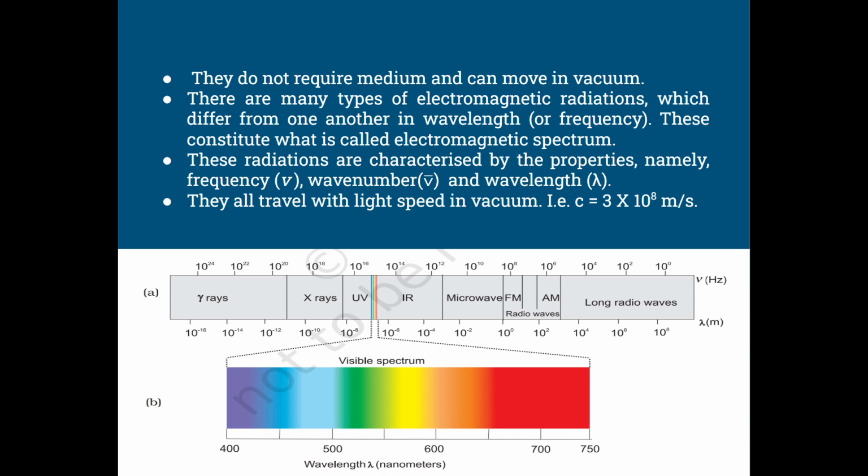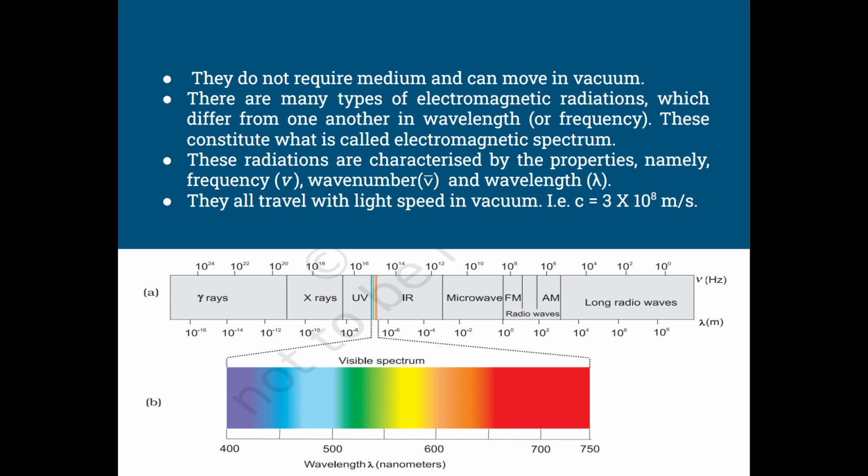They are also characterized by many physical quantities, like frequency, wavelength and wave number, which I will discuss in the next slide. And when they travel in vacuum, they travel with the speed of light, which we take as 3 into 10 to the power 8 meter per second.